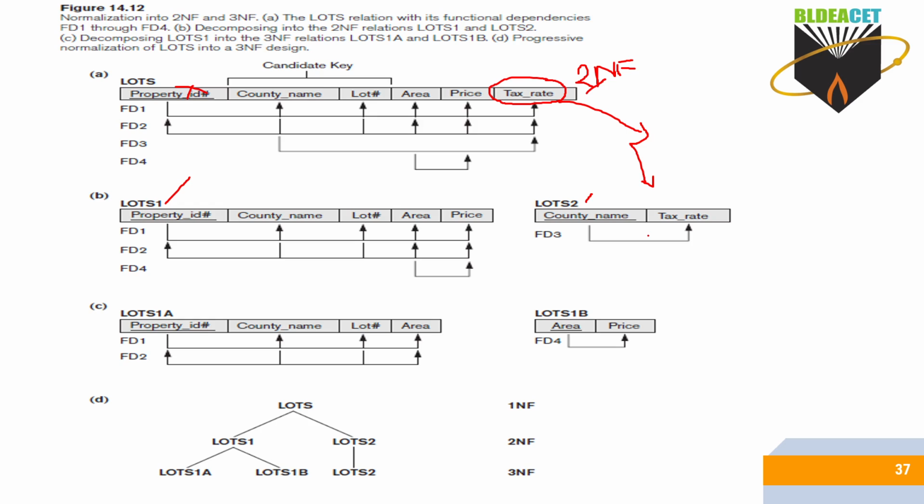These two are in second normal form, because the functional dependency is fully satisfied for these two relations. This relation is in first normal form, and this relation is in second normal form.